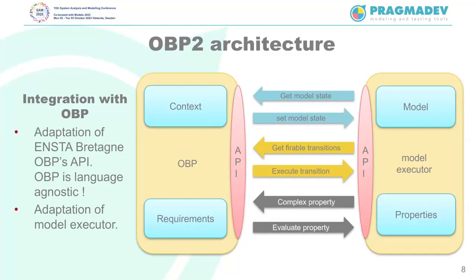So maybe that's the interface between the executor. It can be any model executor. In that case, it's our SDL model executor and the observer-based prover, because that's what OBP stands for. OBP asks the model executor what the state of the model is, the overall state.